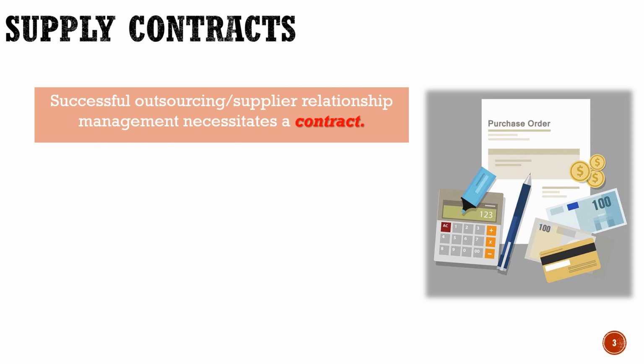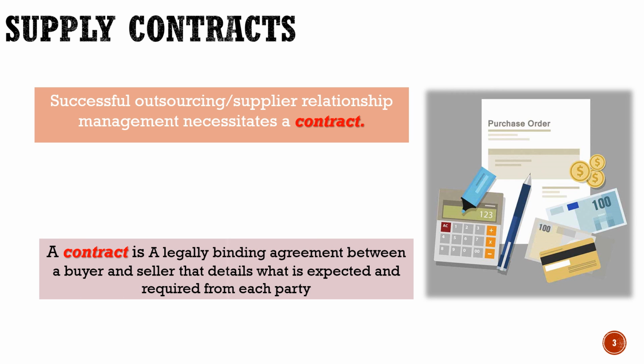Therefore, successful outsourcing or supplier relationship management necessitates a contract. And what is a contract? A contract is a legally binding agreement between a buyer and a seller that details what is expected and what is required from each party.